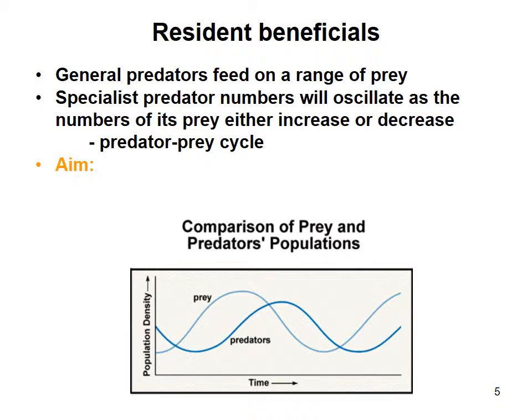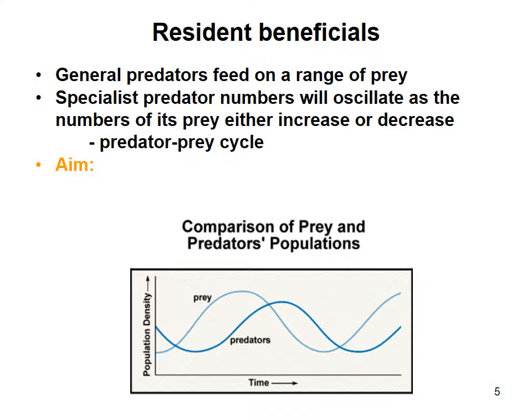General predators feed on a range of prey, so populations of these predators can survive even when one type of food source is scarce. Specialist predators, on the other hand, their numbers will oscillate as the numbers of its prey either increase or decrease, as we can see here in this generic predator-prey cycle.